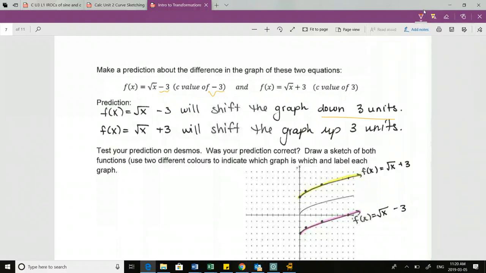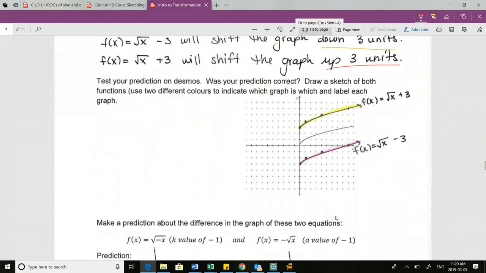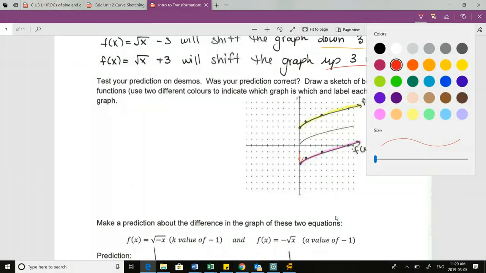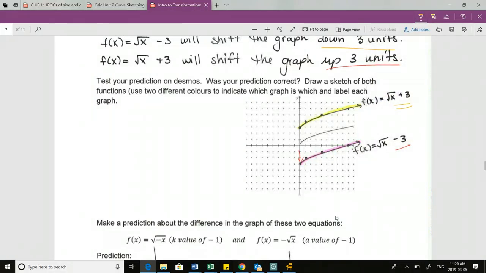Whereas for our other one here, it's a +3, it's outside the root. That's a C value of 3, and it should have shifted our graph up 3 units. So here are 2 examples of what the graph should look like. This one's up 3, whereas this one should be down 3. So the minus is the down one, and the plus should have been the shifted up version. So the C value is exactly as it looks.